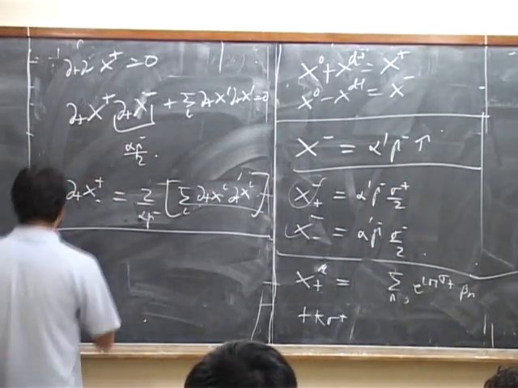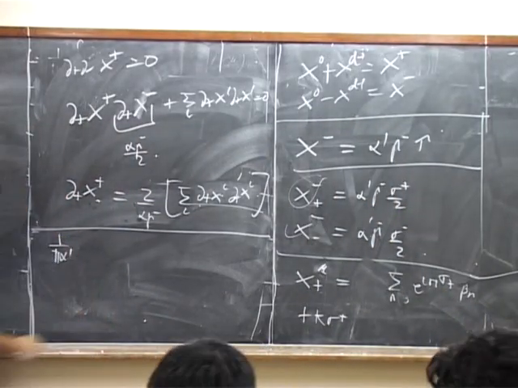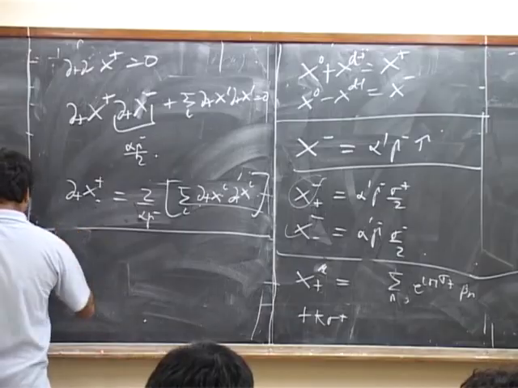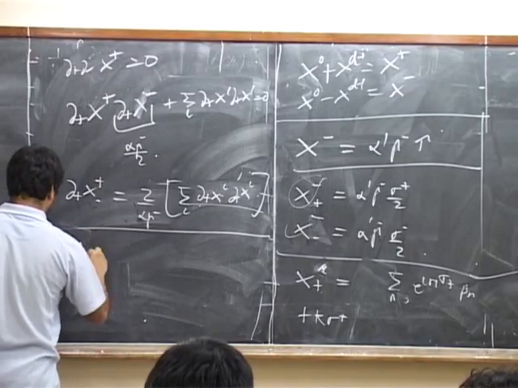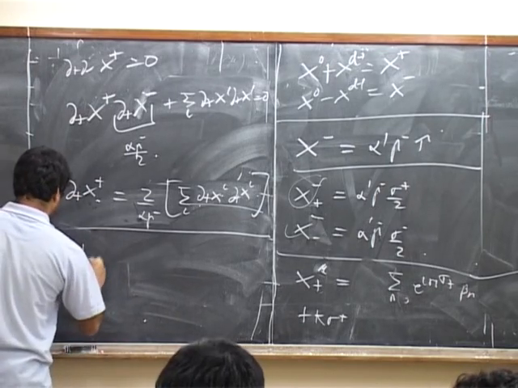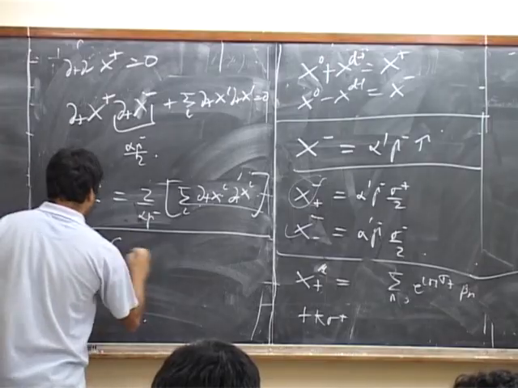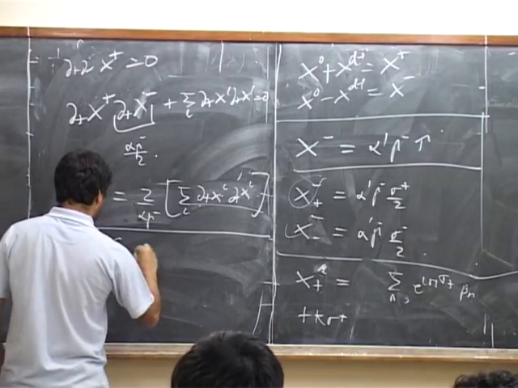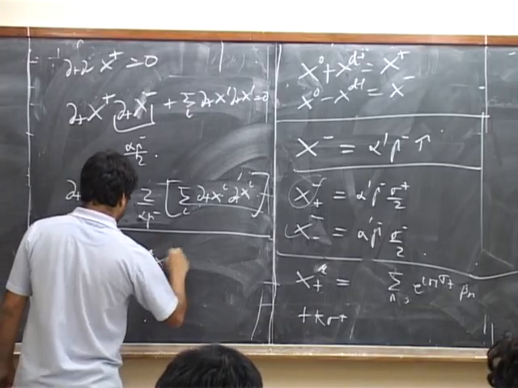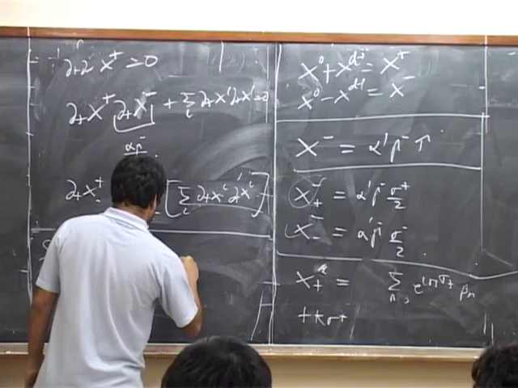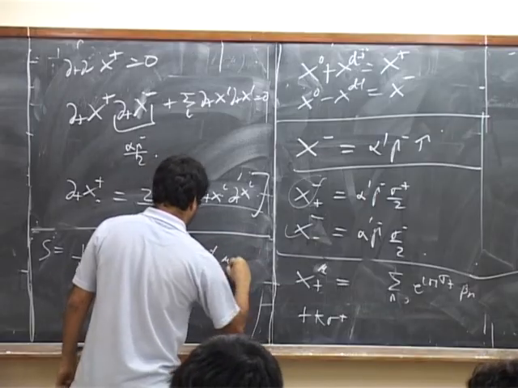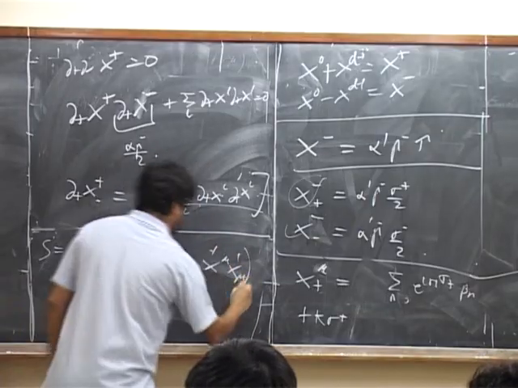Okay, so let's move on. What do we conclude? Let me go back. So our action was equal to 1 by 4 pi alpha prime, and we had x mu dot squared minus x mu prime squared.